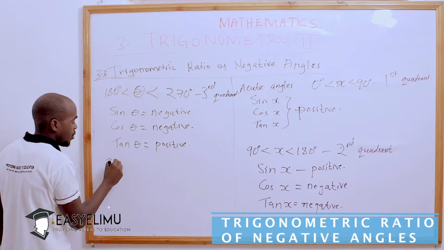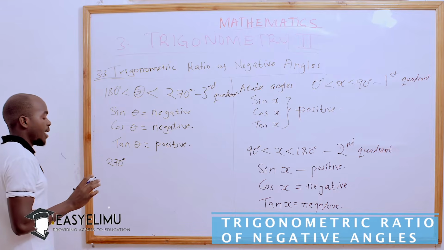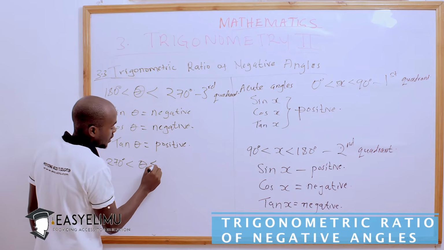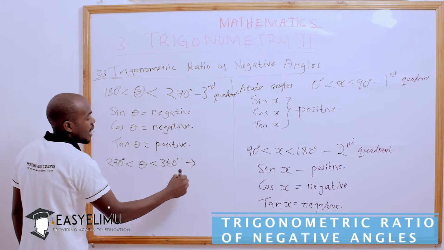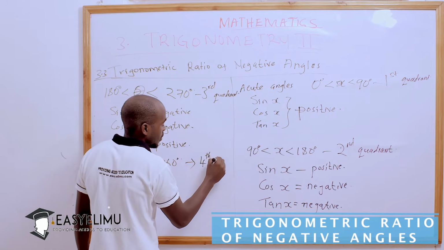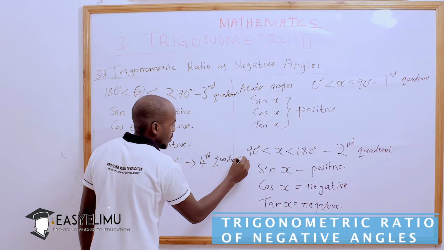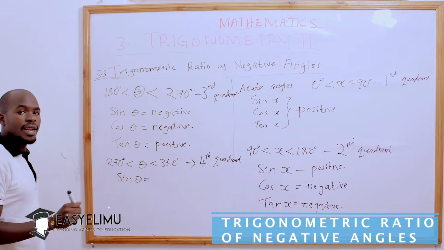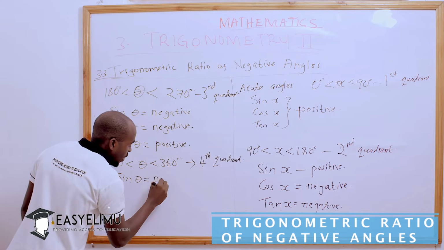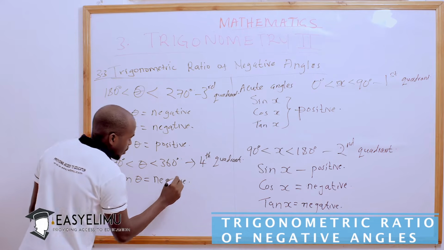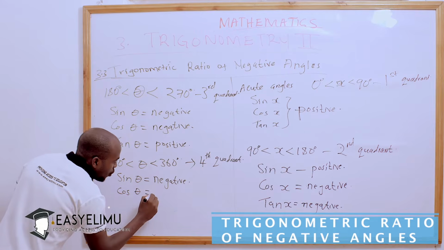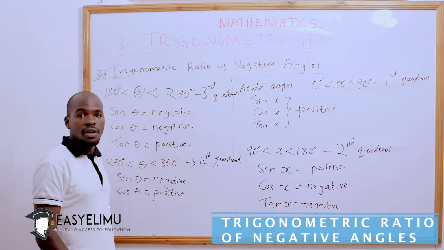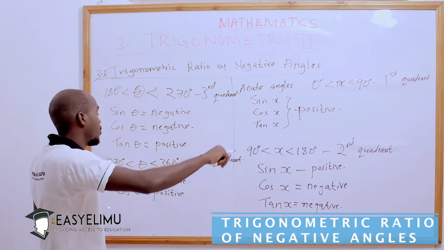And if you have an angle ranging within an interval of 270 degrees to 360 degrees, you will find this angle will lie in the fourth quadrant. And if you find the sine of that angle, since it is in the negative y direction, the sine will be negative, and the cosine of the angle will be positive because it is in the positive x direction.